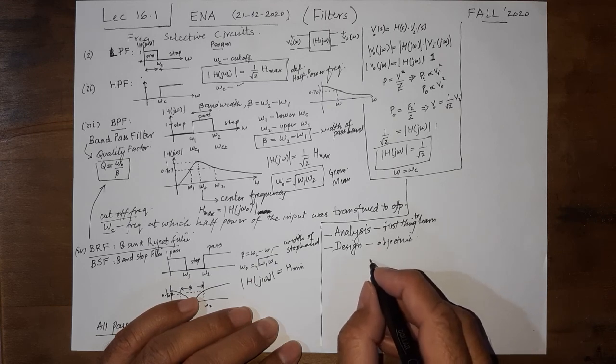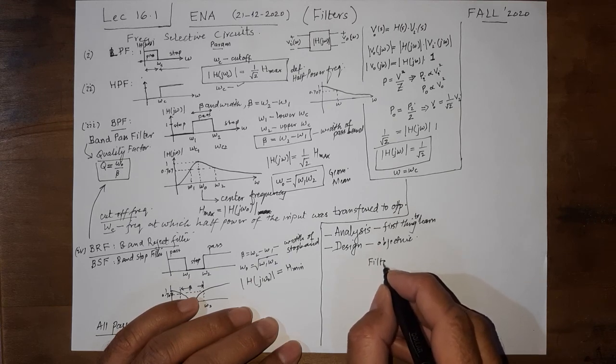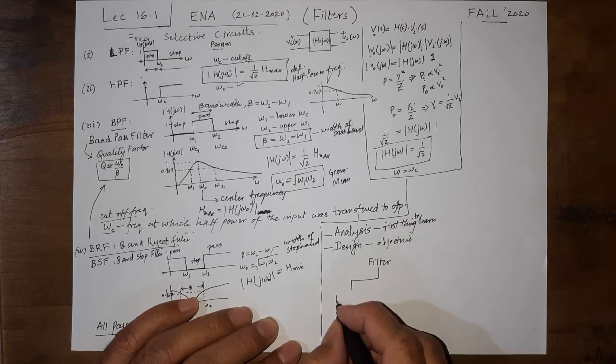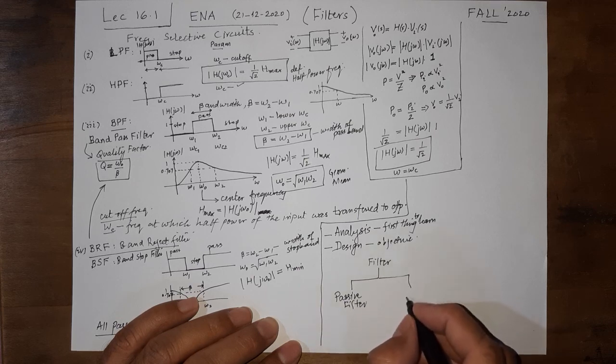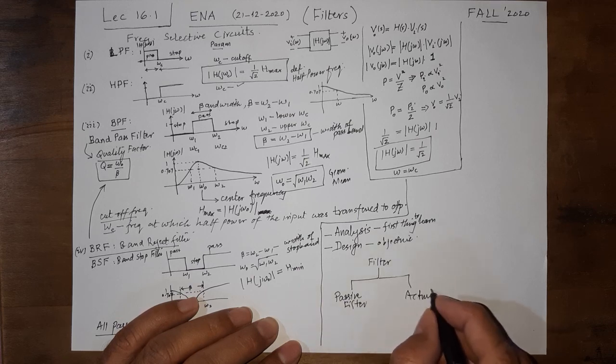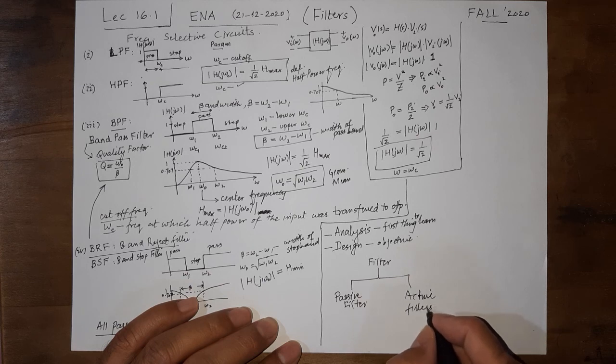One other thing, the filters are of two types. There are passive filters and then there are active filters. Active filters are filters that have op amps in them.